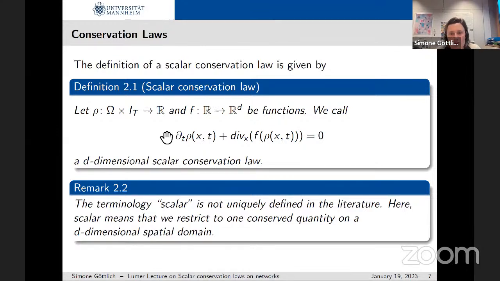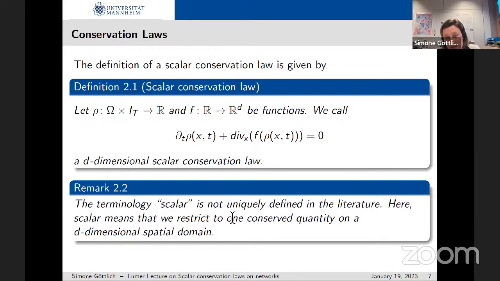This is a very general definition of conservation laws. The terminology scalar is not uniquely defined in the literature, and that's important to know. When I talk about scalar, I mean that we restrict to one conserved quantity. This would be here our rho on a d-dimensional spatial domain.